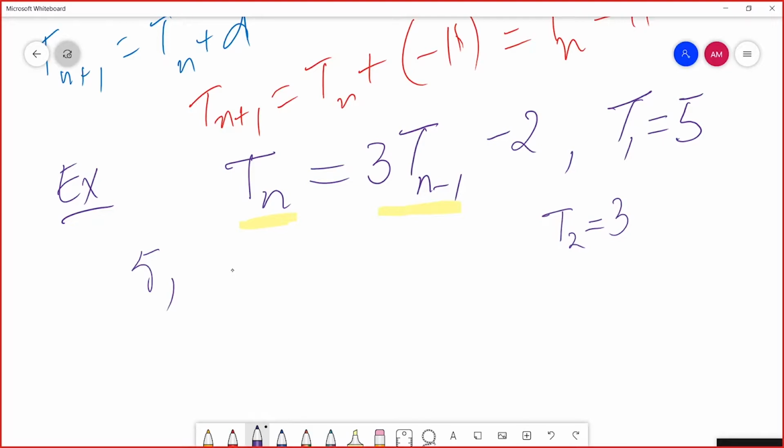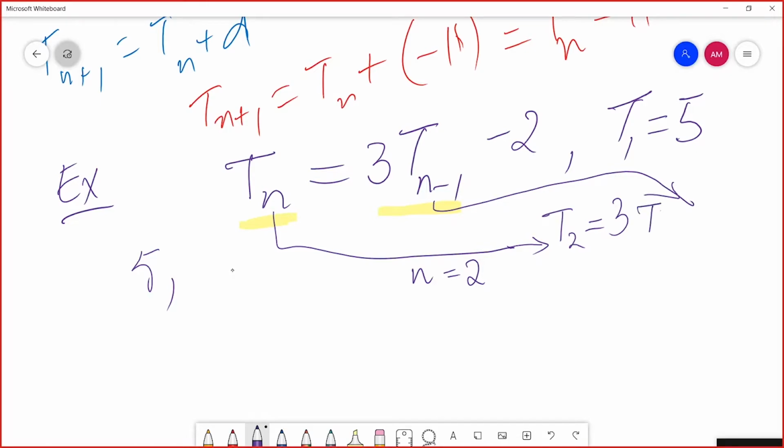Actually, what we are doing, we have replaced this n by the value 2. If n is 2, what would be Tn minus 1 equal to then? You have put 2, so 2 minus 1 is 1, and then minus 2. Do you understand this?